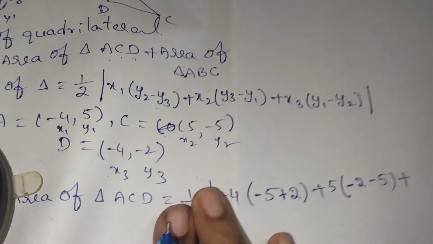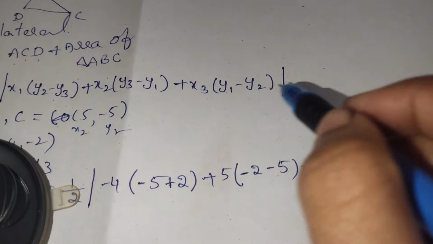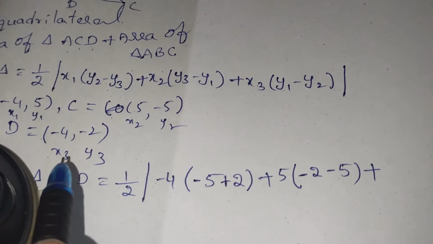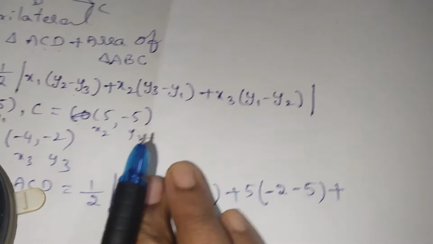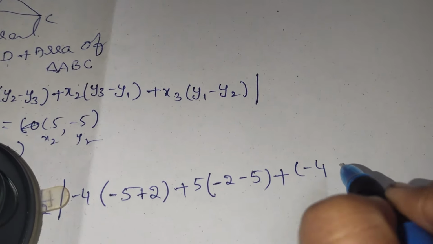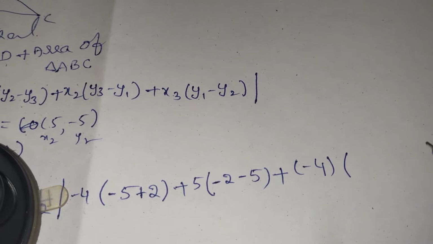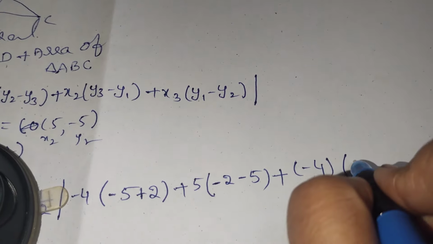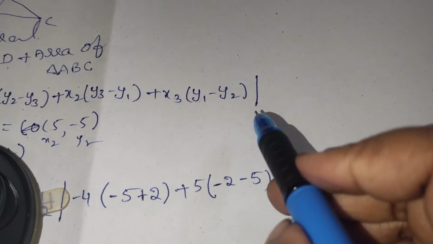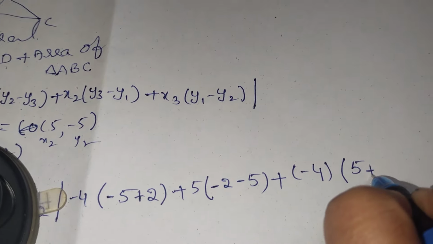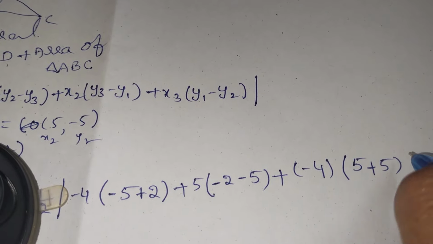Plus x3. What is the x3 value in this? x3 is minus 4. So write here minus 4 into y1 minus y2. y1 is 5 minus y2. y2 is minus 5. Minus minus plus 5.